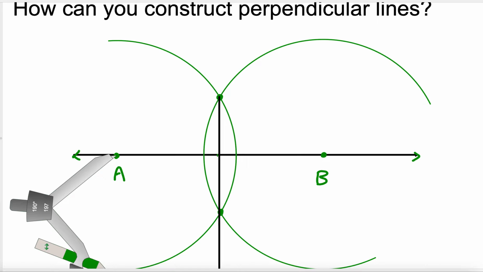You can do better with your pencil, I'm pretty sure. So if you are using your pencil connecting those 2 intersecting points, you drew another line, and that is perpendicular to the original line. Okay, that's how you can draw the perpendicular lines.